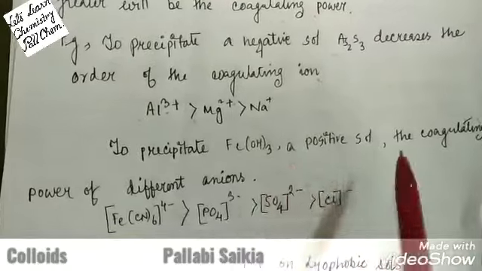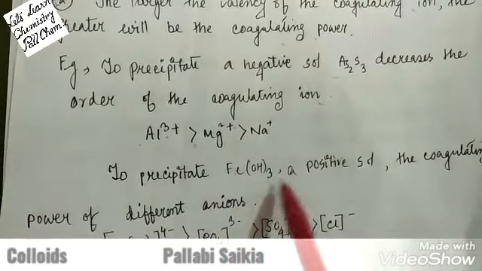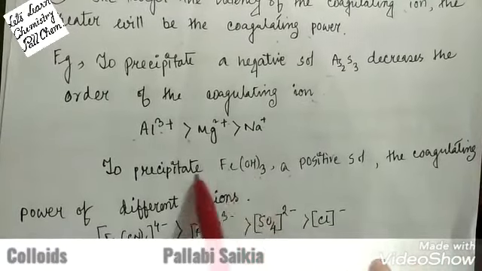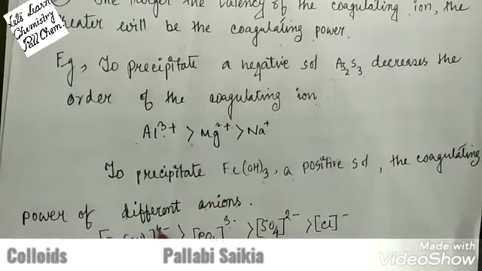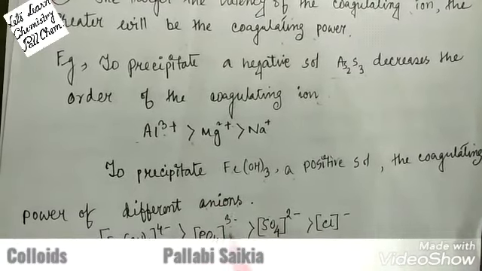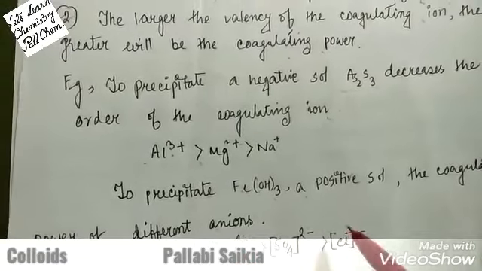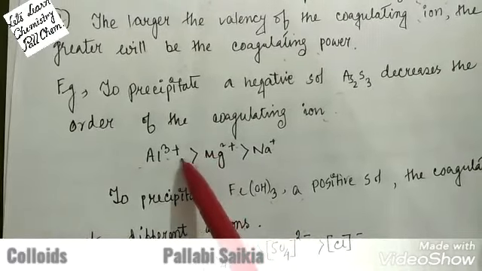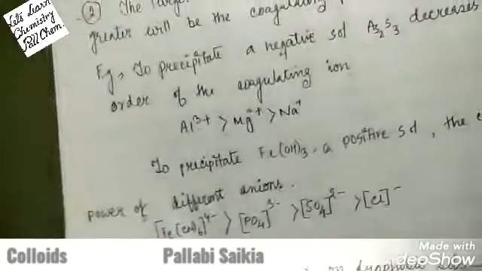Similarly, to precipitate Fe(OH)3 sol, a positive sol, the coagulating power of different anions, since it is a positive sol, so the negative charge is needed, is [Fe(CN)6]4- greater than PO4 3-, greater than SO4 2-, then Cl-. So the charge is opposite, and the greater the charge of the ion of the electrolyte, the more the coagulating power.